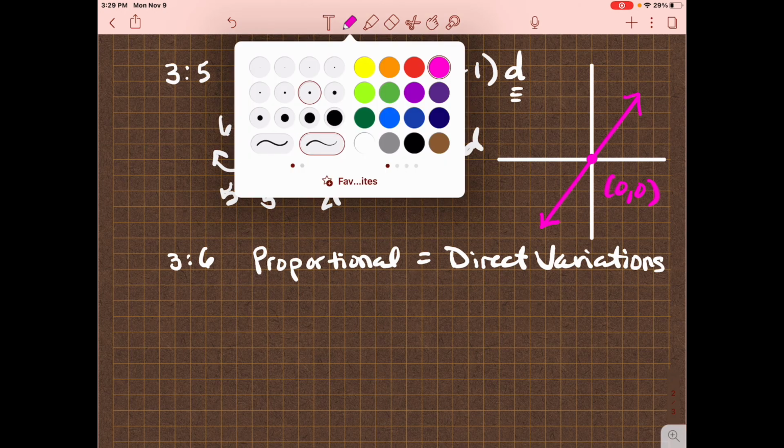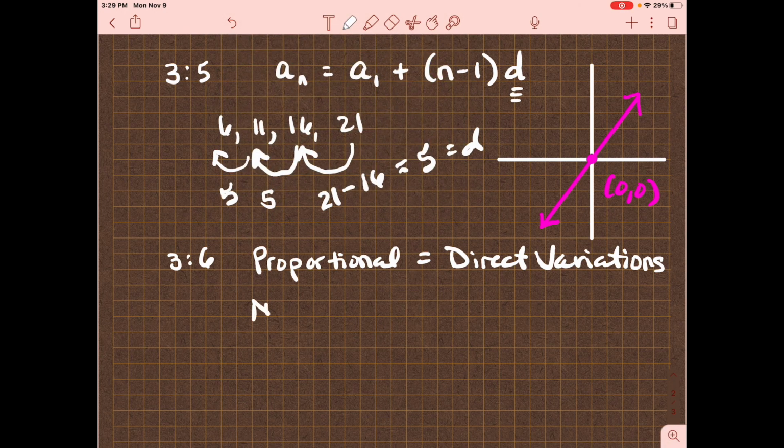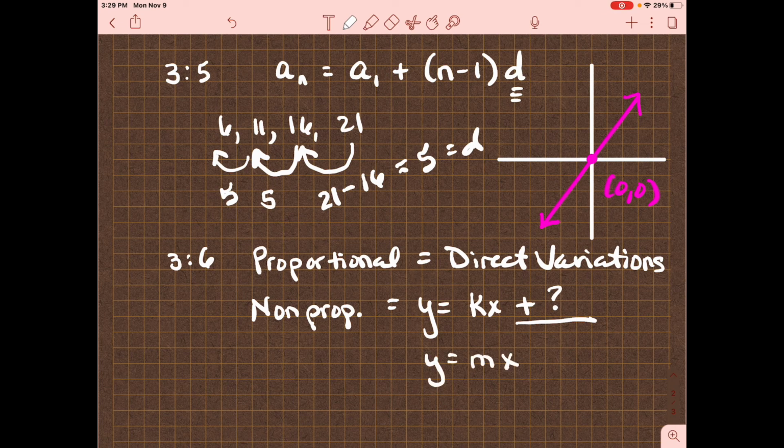If we have something that is not proportional, then we're going to have something that has y equals kx, but we're going to have something else out here. Later, in the next chapter, we're going to call k m, the same thing, and we're going to do this plus b. That'll be our y-intercept. b equals our y-intercept.